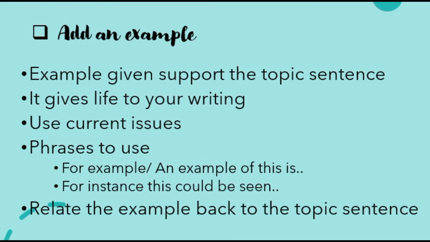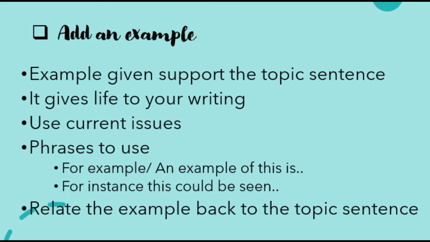Now, let me just remind you that this is an academic piece of writing, and so your example should be moving away from your personal experience. You would need to talk about what is happening in society, for instance. So the example that you give can be anything that you are aware of that is happening around you.